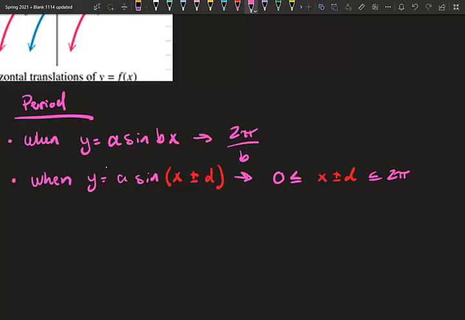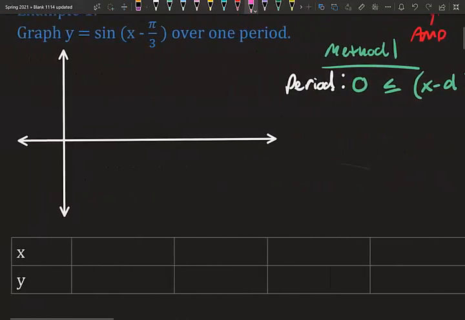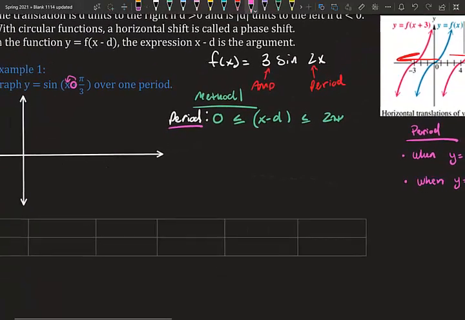When y equals a sine bx, your period is 2 pi over b. When you have y equals a sine of x plus or minus a number, your period is found by 0 less than or equal to whatever that argument is, less than or equal to 2 pi. Because we have something subtracted or added to the x, we have to find our period using this method.